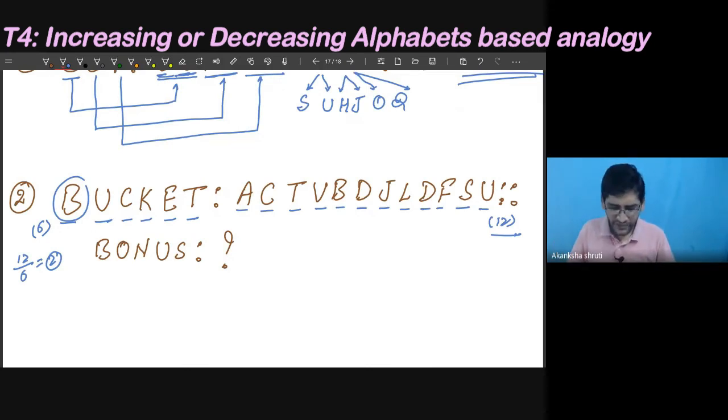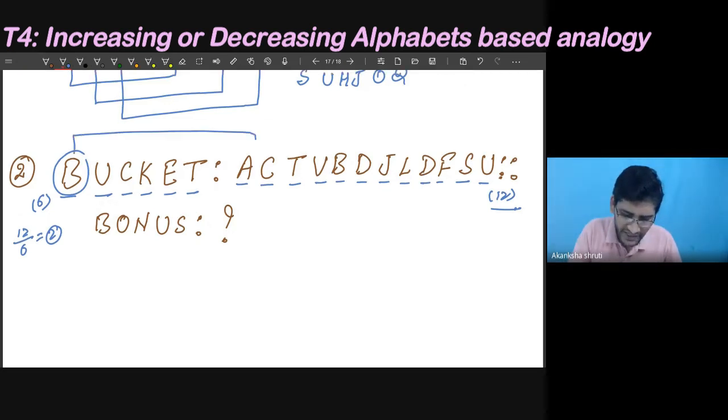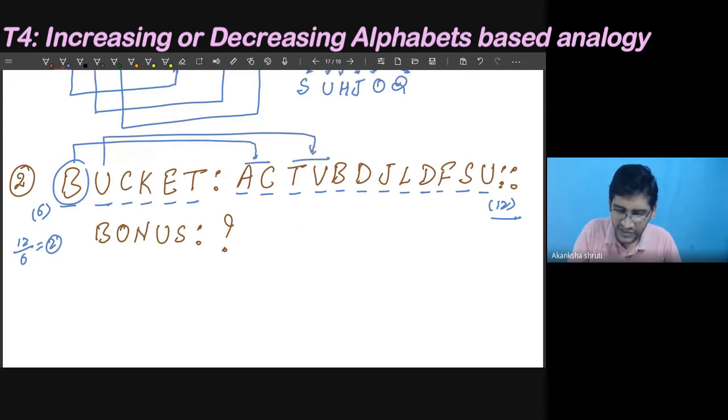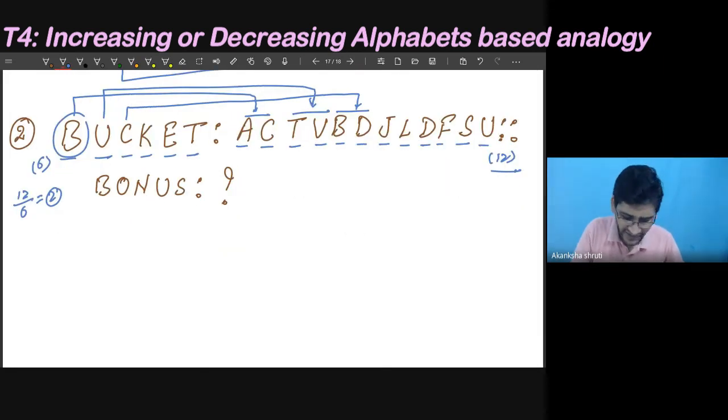Now we have to observe whether the 2 are written just closer to each other, or they are written one as beginning and other at end. That is also possible. So here we are getting that B is producing AC, U is producing T and V, because TUV. In the same fashion, this C is also producing the next 2. We can directly write for our B. B will give us A and C, one before, one after.